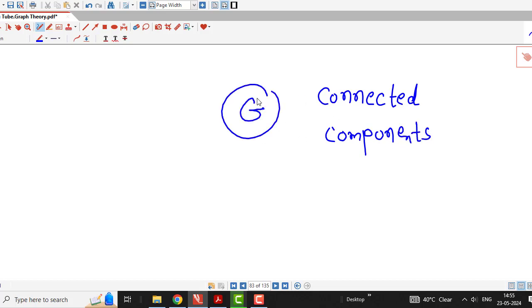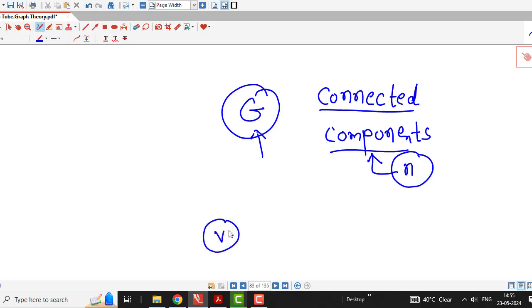So suppose G is a disconnected graph, therefore there will be some connected components in graph G. Suppose there are n connected components in the disconnected graph G. Now suppose after removing vertex V and all edges incident with V, the subgraph we obtain has more than n connected components, then vertex V is called a cut vertex.